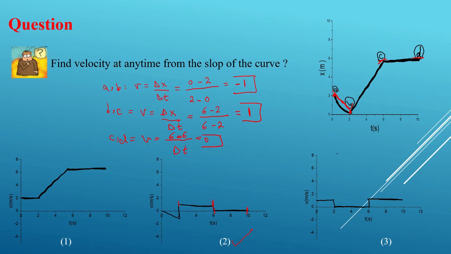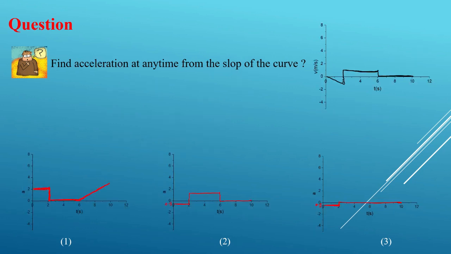Now let's calculate the acceleration for this problem. For the acceleration, I'm not going to solve the problem. I'm just going to look at the problem and see if I can choose the right answer.